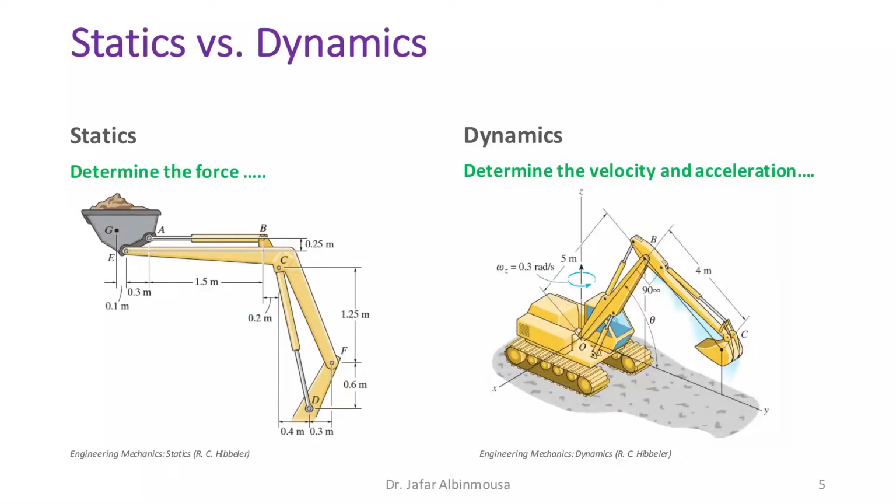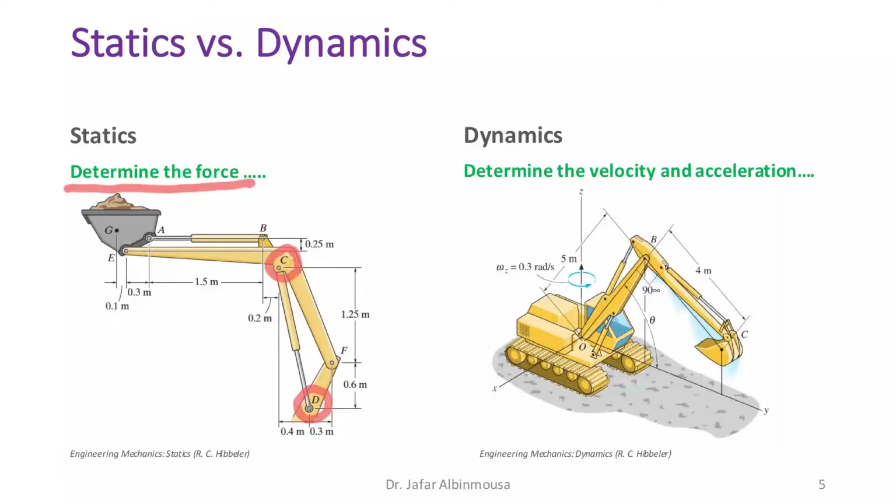Now, if you look at this example, if this were a statics problem, then you will be asked to determine the forces acting at a certain point, like, for example, joint D or C. So you will be asked to find the reaction, the forces acting on that point.